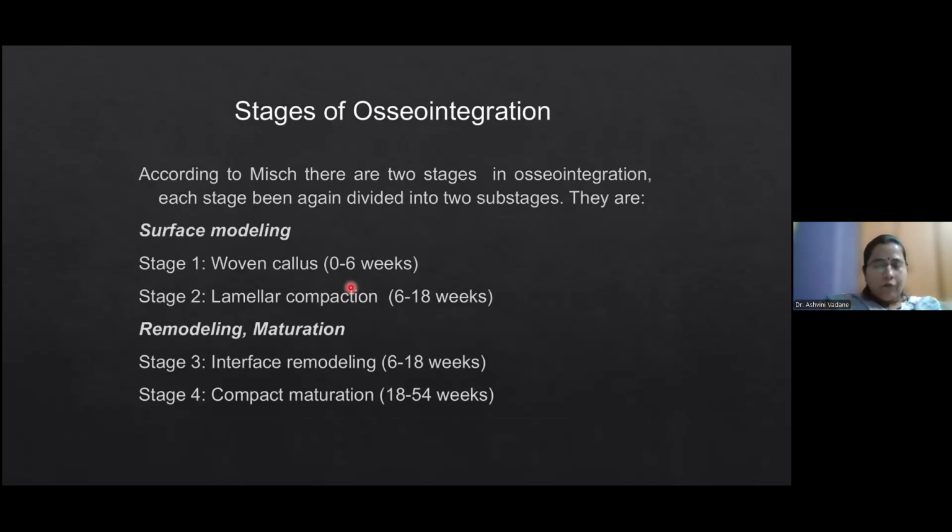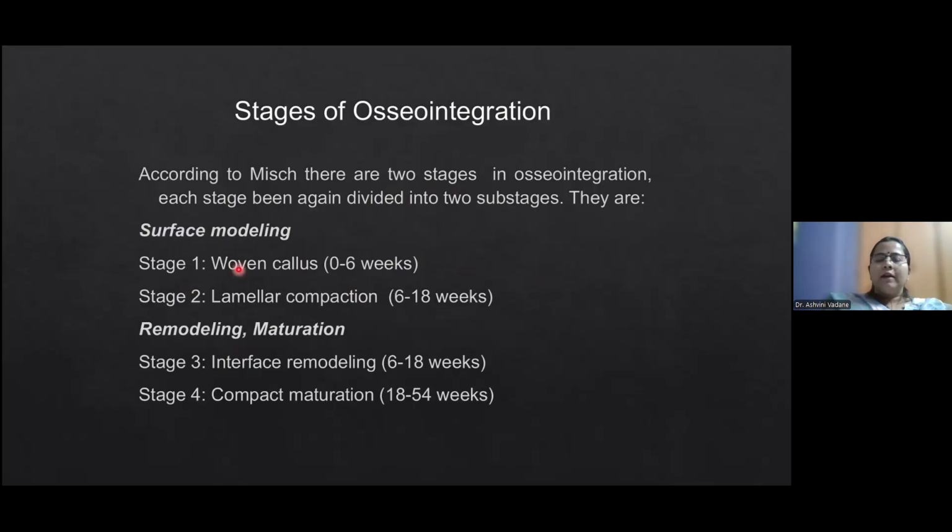Then comes the stages of osseointegration. We saw the introduction, history, definition, theories, mechanism. Now we will see the stages. According to Misch, there are two stages in osseointegration, each stage being again divided into two substages. The two stages are surface modeling and remodeling.